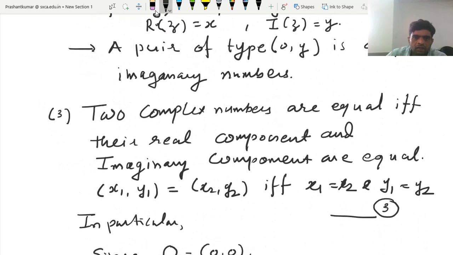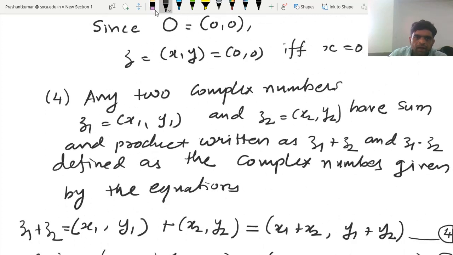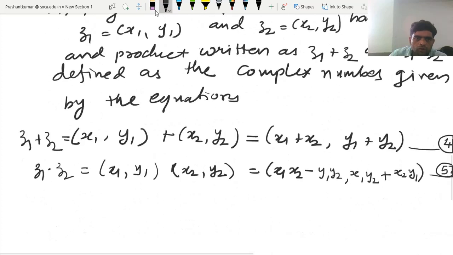Equation 3 is the equality condition, that two complex numbers are equal if and only if their real components and imaginary components are equal, and equations 4 and 5 define the sum and the product of complex numbers.